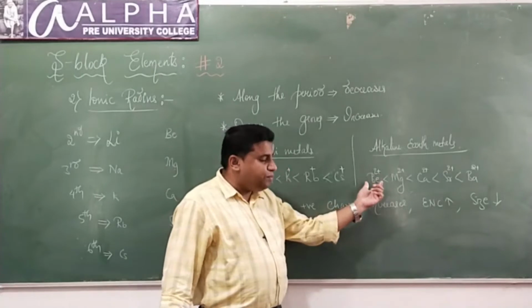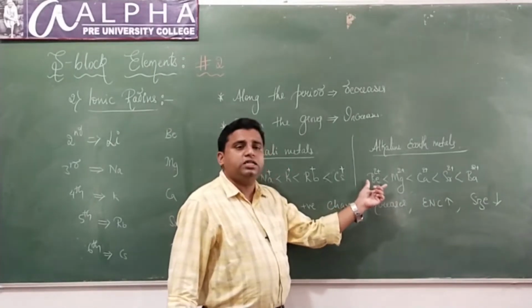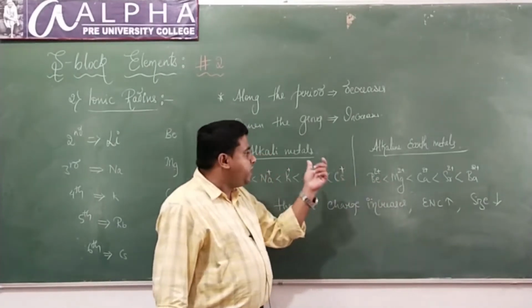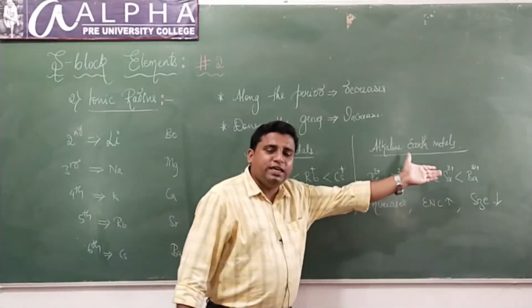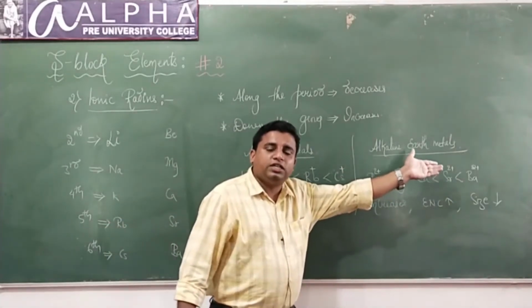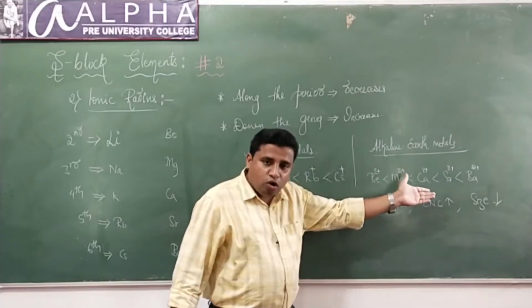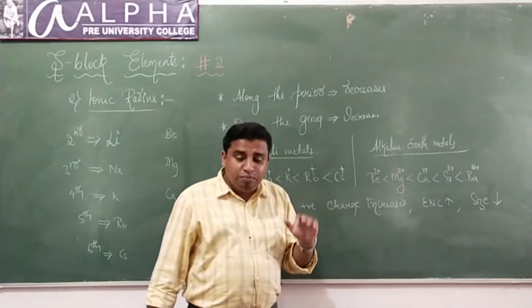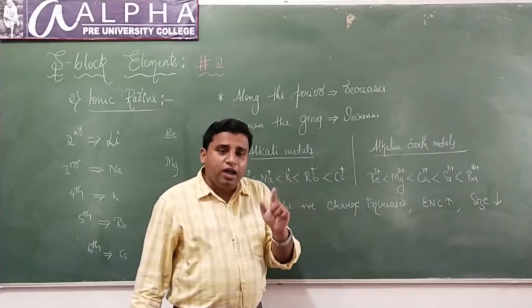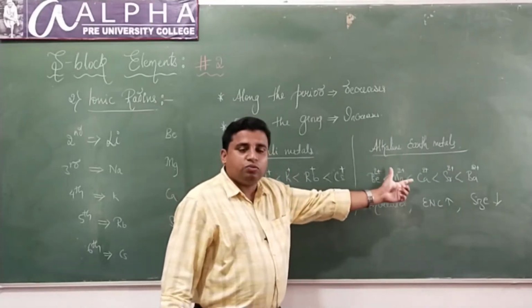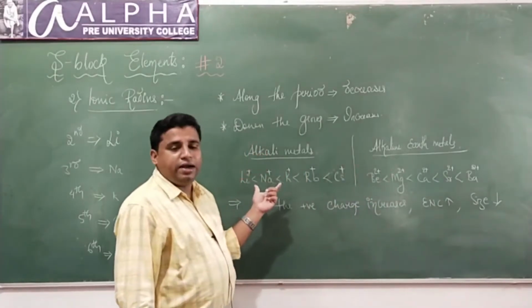Here, alkaline earth metals carry +2 charge, whereas alkali metals carry +1 charge. As the positive charge increases, effective nuclear charge increases. Therefore, the size decreases. That means even in ionic form, alkaline earth metals are smaller than alkali metals, isn't it?